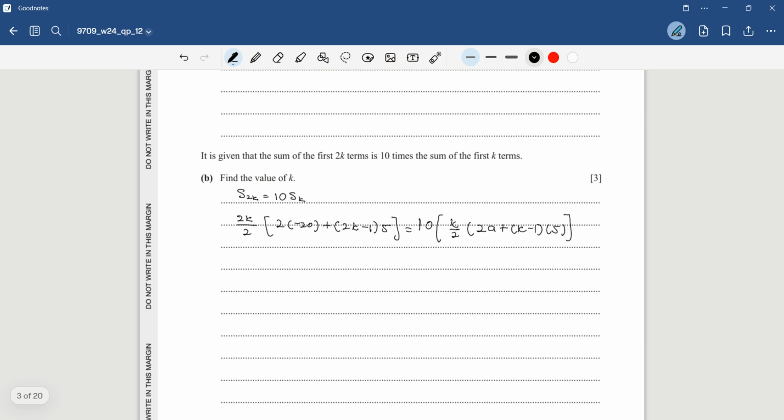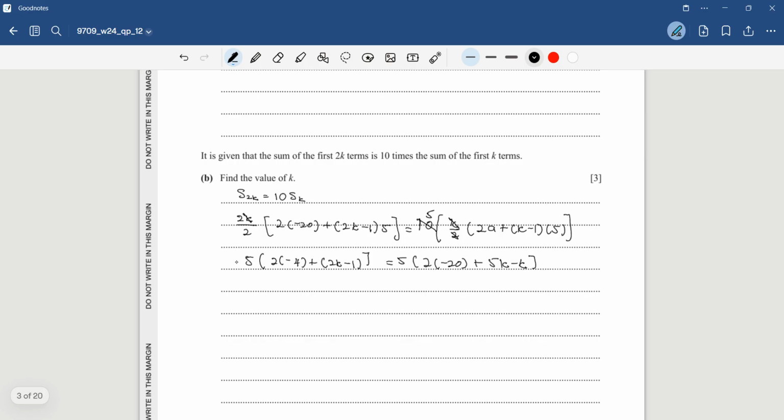So I can cancel my k and k here. Then I can factorize the 5 out, so it will be 5 bracket negative 4 plus 2k minus 1 equivalent to 5, I cancel this, so 5 bracket 2a plus 5k minus 5.